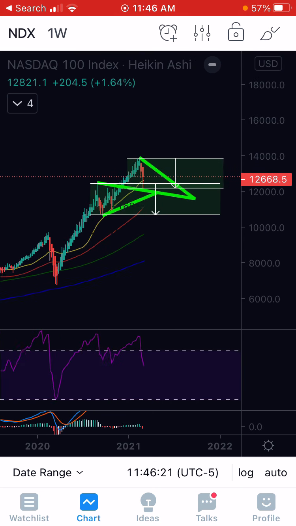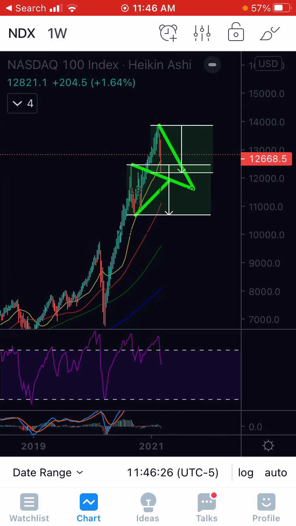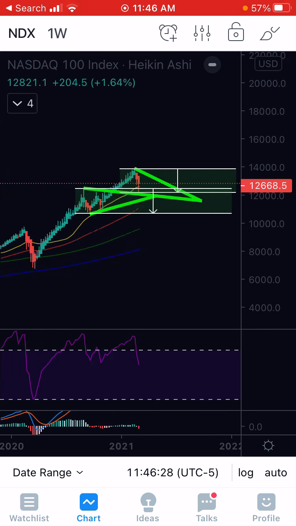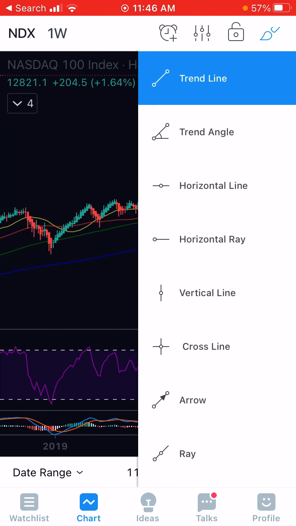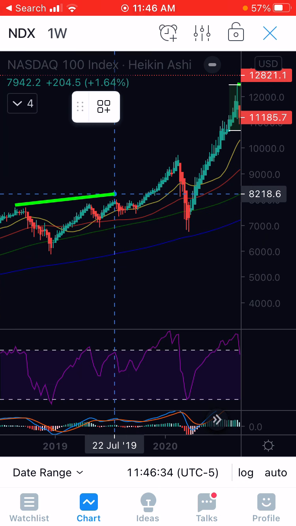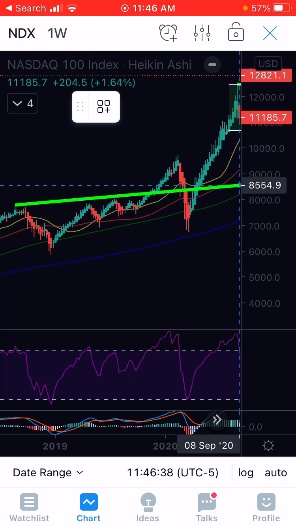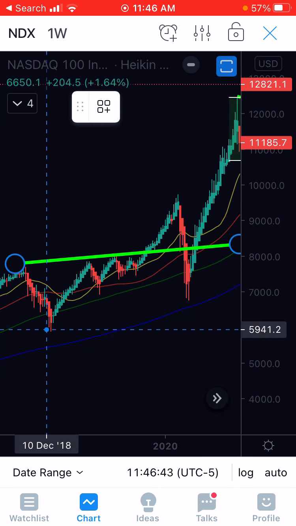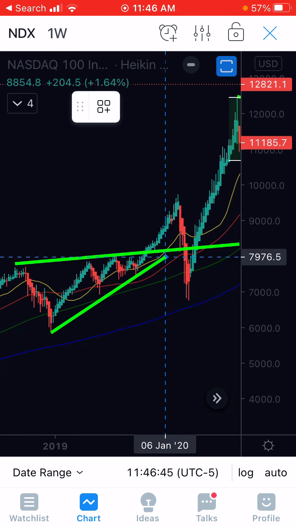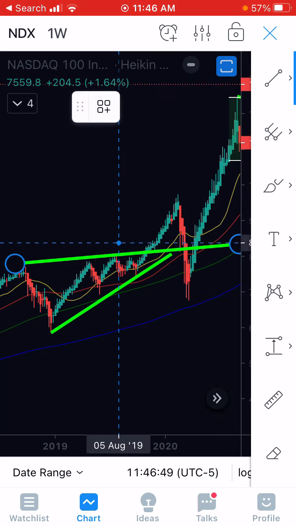So we're going to have to wait and see how this plays out, of course. We don't know what's going to happen, how it's going to play out. I mean, this was something that happened prior, and we broke out of this here.